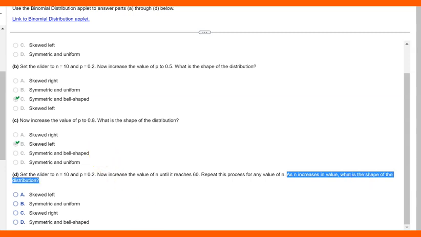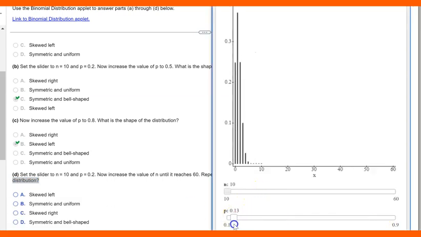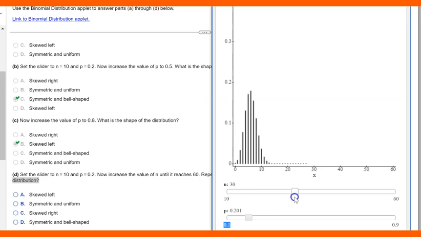You fix the value of p at 0.20, pretty much the same. Now let's increase the value of n until it is 60.